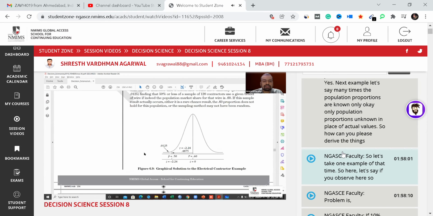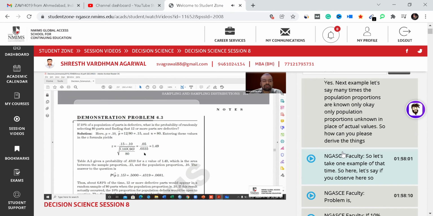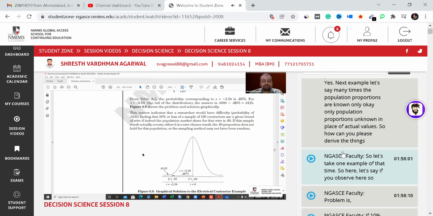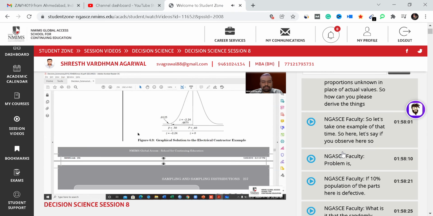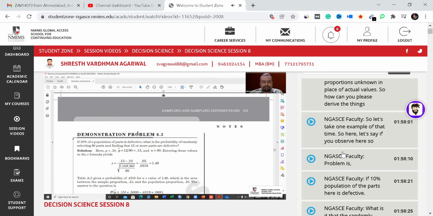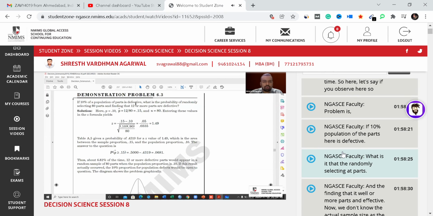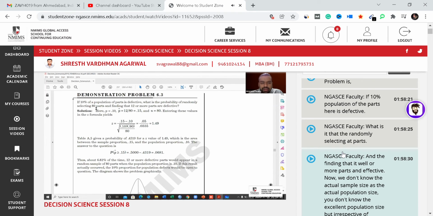The problem is: if 10% of the population of parts is defective, what is the probability that randomly selecting 80 parts, you find that 12 or more parts are defective?